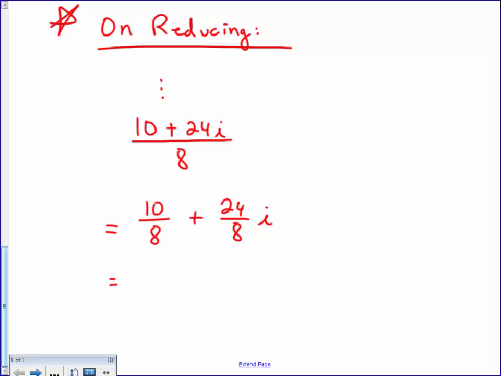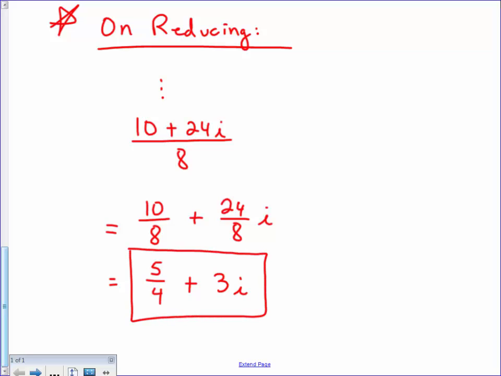So in this case, for the 10 over 8, both of those are divisible by 2, and so that would become 5 over 4 plus, and then 24 divided by 8 is 3, and then you would have your i. So make sure that not only have you split your fraction so that you have real part first, imaginary part second, but also make sure that you've simplified your fractions.